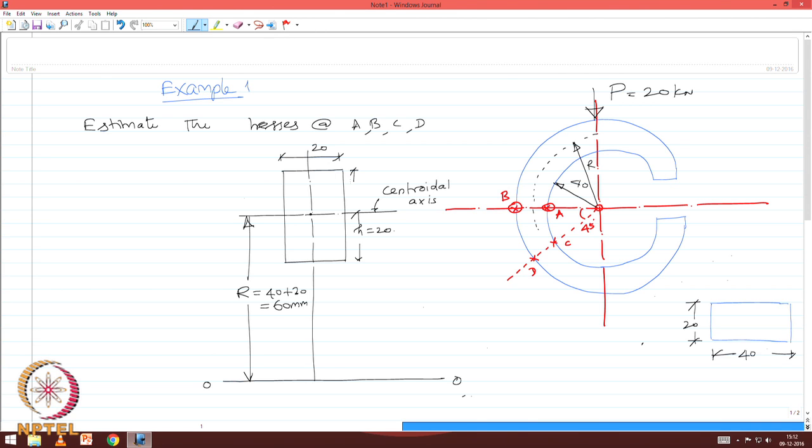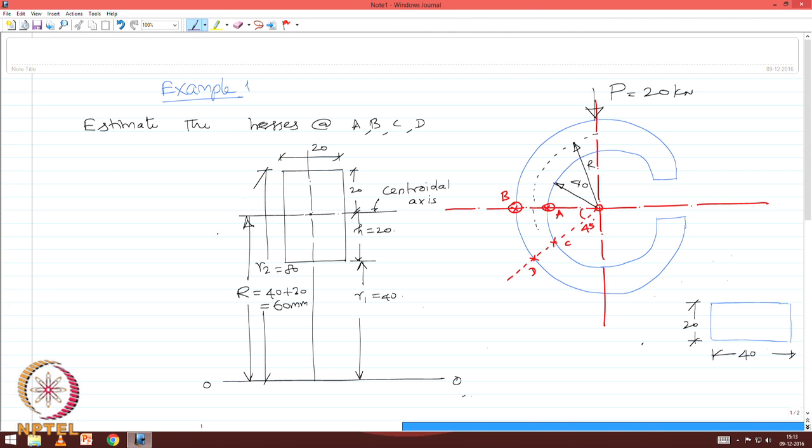this dimension is also 20, and we know this is to be called as R1, which is 40, and this dimension is called as R2, which is 80.